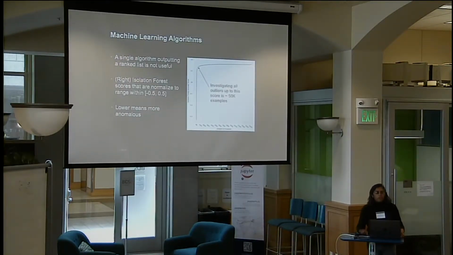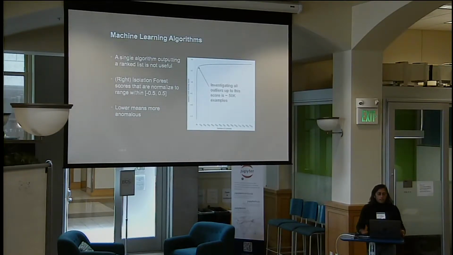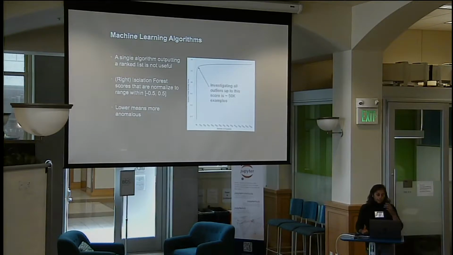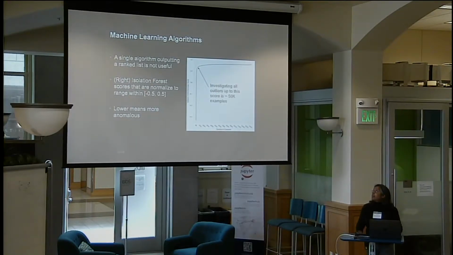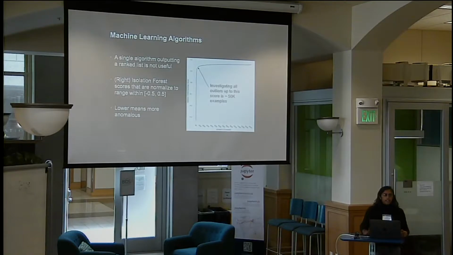There are a lot of machine learning algorithms out there for anomaly detection, but I would argue that generally their output is not particularly useful, because a single algorithm only outputs a ranked list of scores. This is a plot of the anomaly scores coming out of the isolation forest. They're all normalized within a range of -5 to 0.5, where theoretically anything below 0 is anomalous.